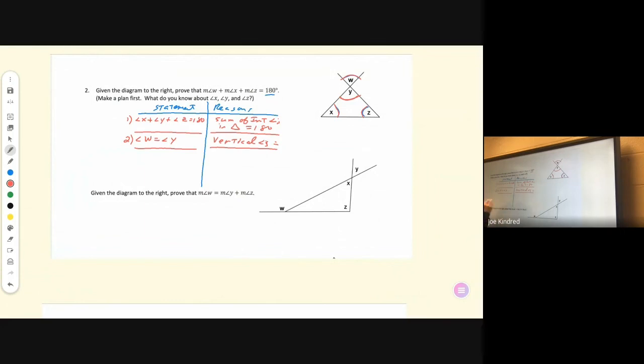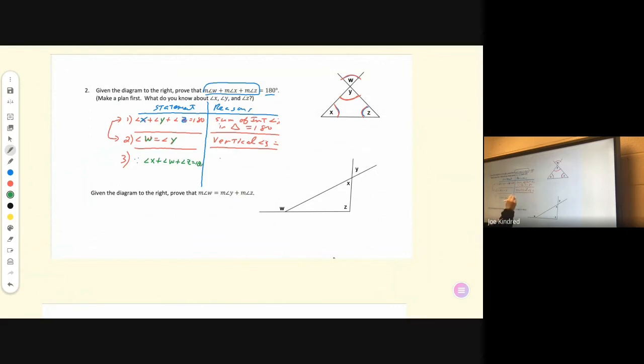So now for my next statement, because of these two, I can substitute in for what we're trying to prove, which is W, X, and Z. I can substitute in for the Y now that I have W equal to Y. And so my next statement is what we're trying to prove: angle X plus angle W plus angle Z is equal to 180.